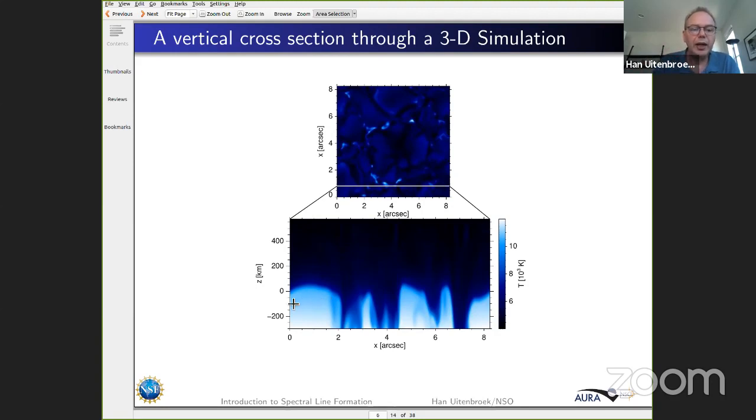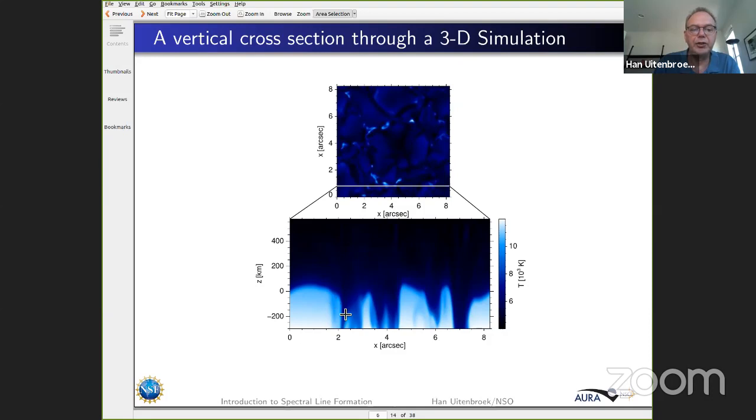You can see that the temperature in the granules and the intergranular lanes at a given geometric height is very different. Also the opacity, which comes mostly from the H minus in the continuum, is very different here and here. So at a given wavelength, the intensity will come from higher layers in the granules and lower layers in the intergranular lanes. So keep this in mind.